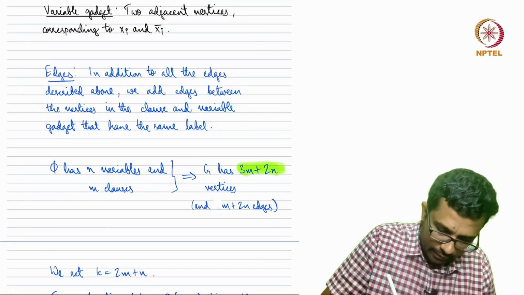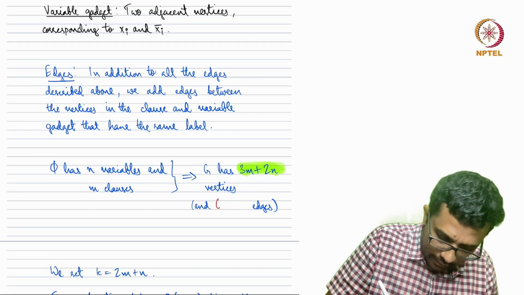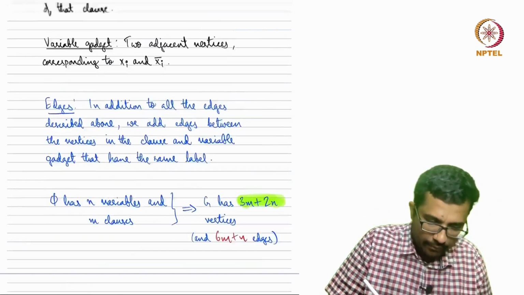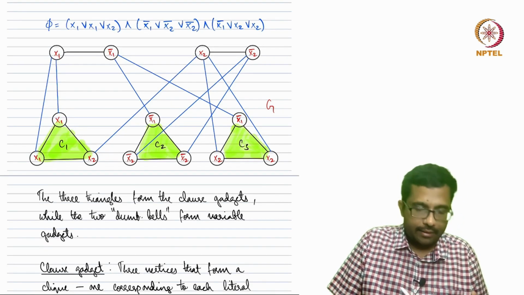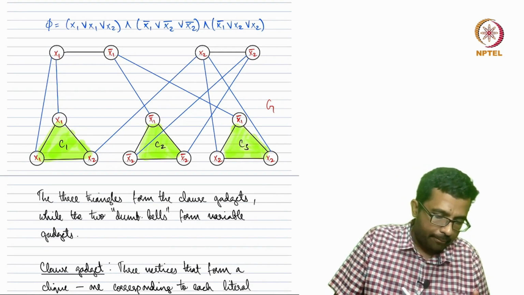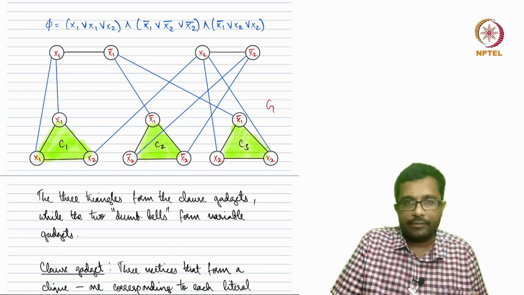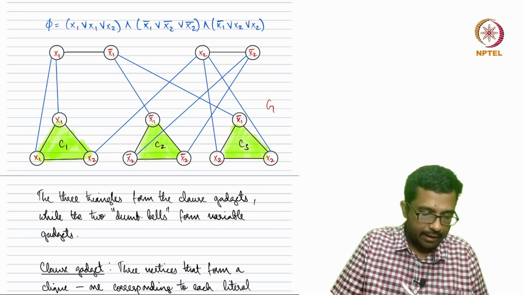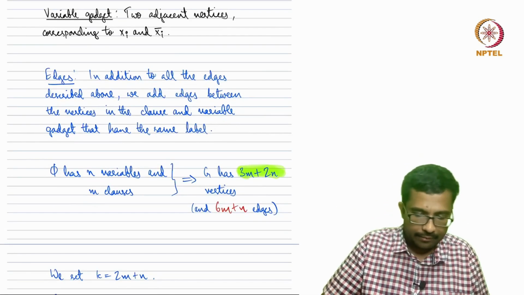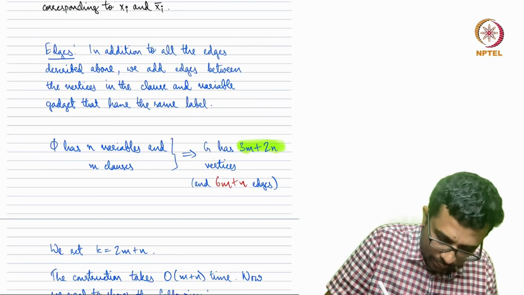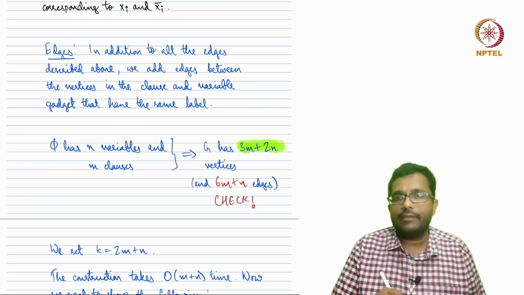I think it is 6m plus n, because each clause contains 3 edges, so 3m, then n edges, 1 for each variable gadget, so 3m plus n, and then again 3m edges going across, so 6m plus n, I think. Maybe I'll just say check, so that you can check and verify this.